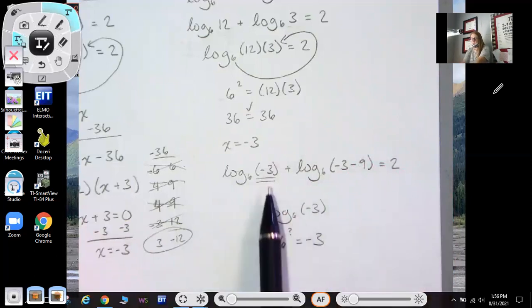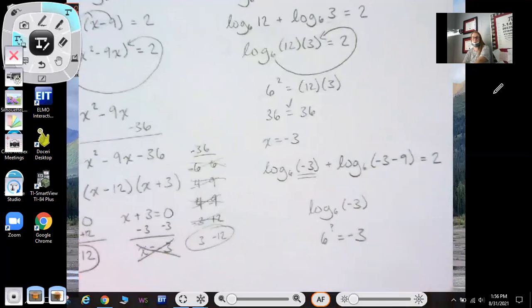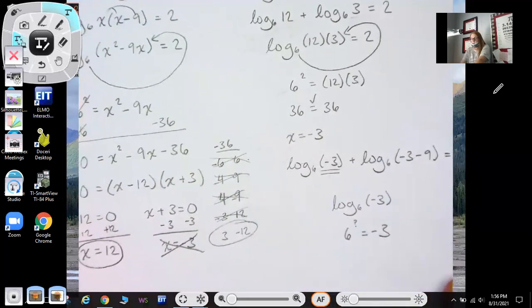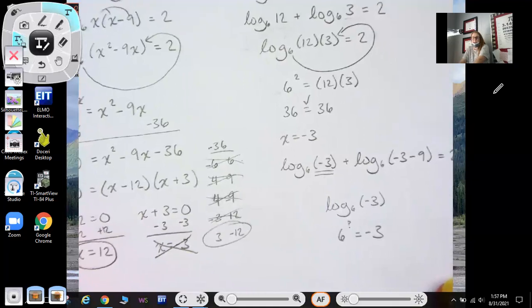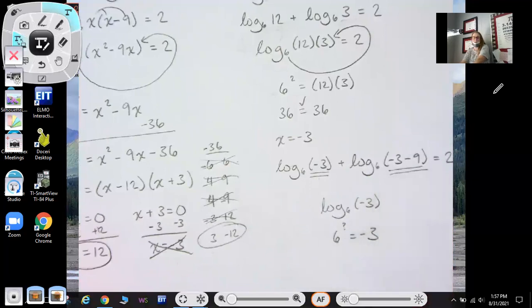So because we have a negative where we're not allowed to have a negative, we can cross out x equals negative 3. It is not a solution for this problem. As it turns out, this negative 3 minus 9 is also going to end up being negative, but it really doesn't matter. Even if one or the other is negative, that still stops us.